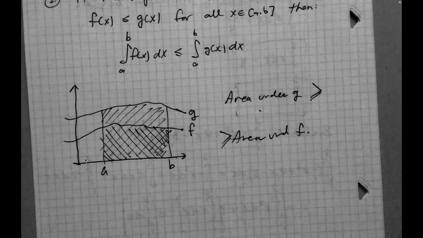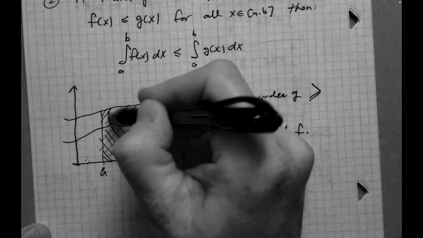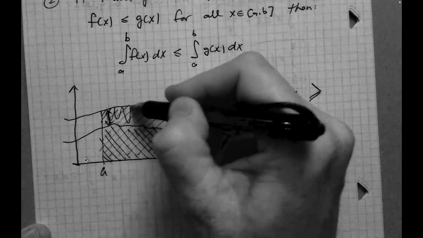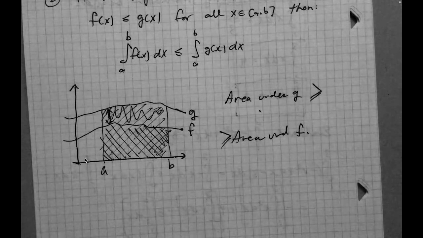You could look at that and say, yes, clearly that's going to be larger. There's a whole gap here, so this is all the extra area that's under G that isn't under F.